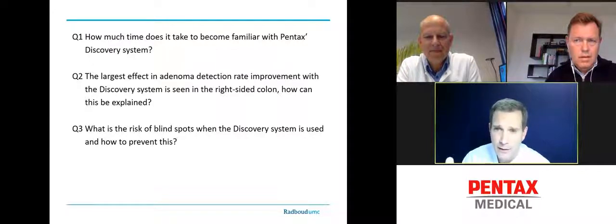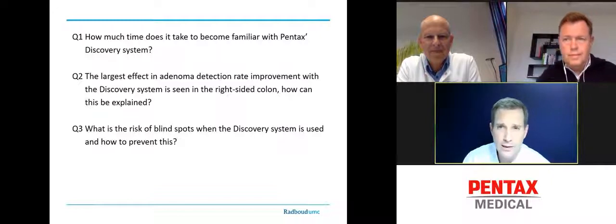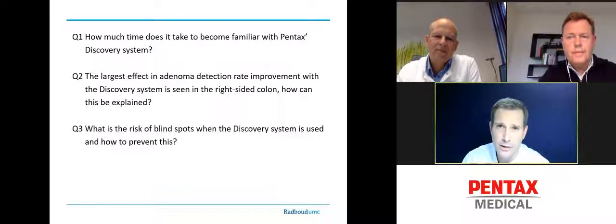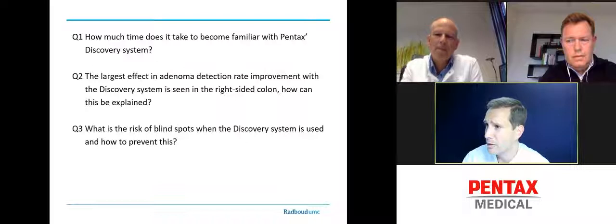The last decade brought distal attachment devices, Endorings, Endocuff, whatever they are called. And it has been shown across studies that when you use those devices, you increase your ADR, especially endoscopists with a rather low ADR. The same principle holds true for balloon-assisted colonoscopy with GI. That was the result last year in a large trial of more than 1,000 patients randomized to 2 arms, either standard HD white light colonoscopy or balloon-assisted colonoscopy with the GI.